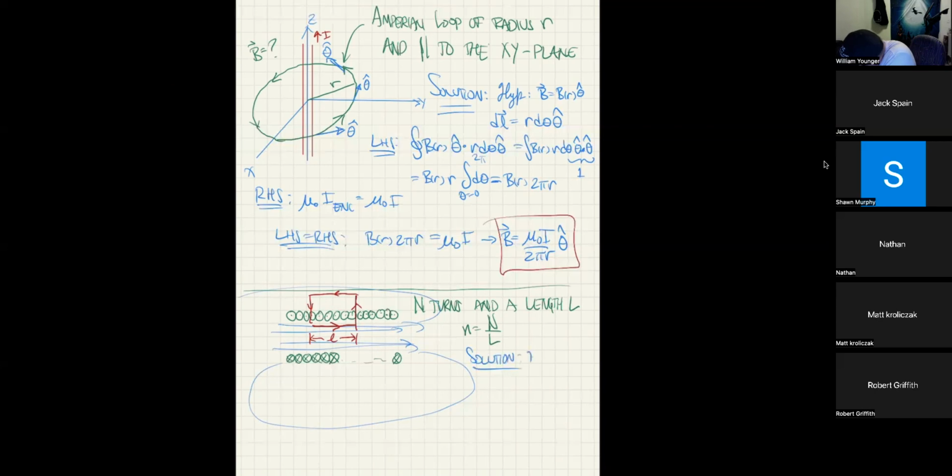I hypothesize that B is going to be equal to B of Z i hat, where Z is, say, how far you are from the coils. And the left-hand side, closed integral B dot dl, is going to be the integral from 0 to L of B of Z i hat dotted with dx i hat. That's for that first part.